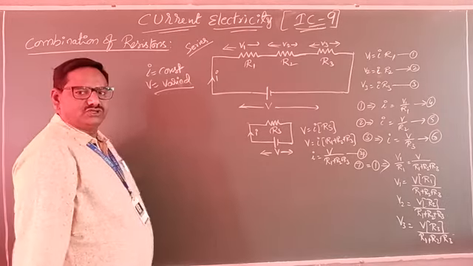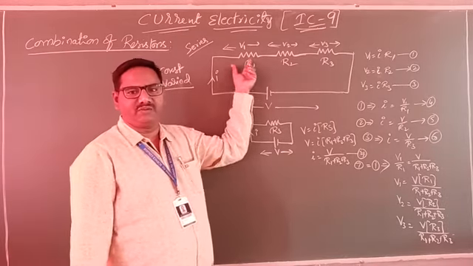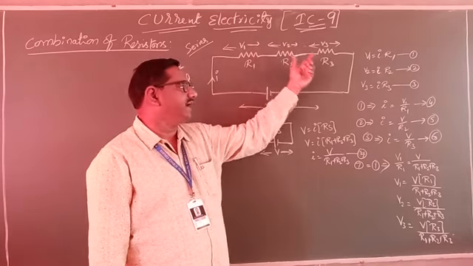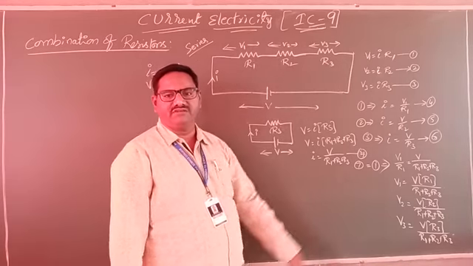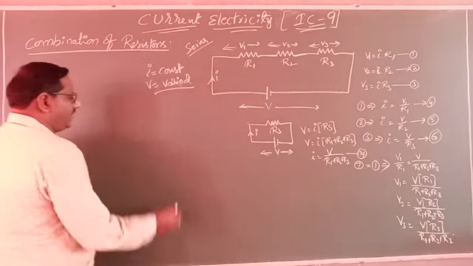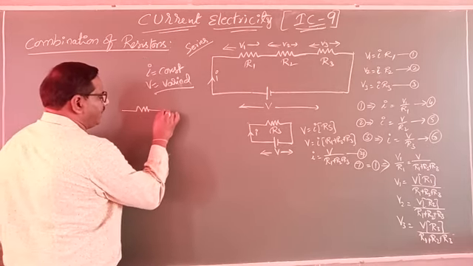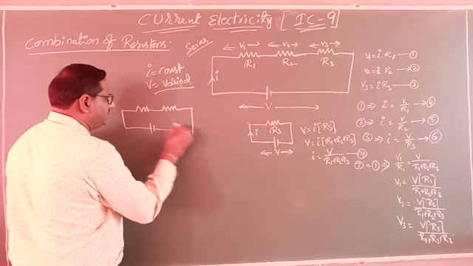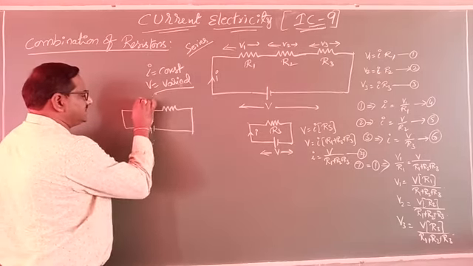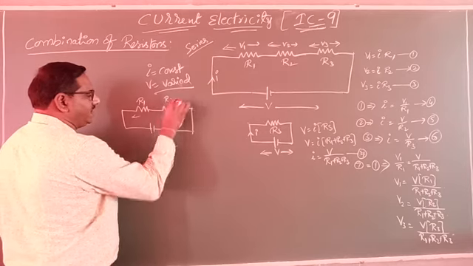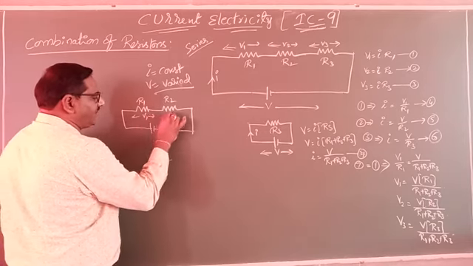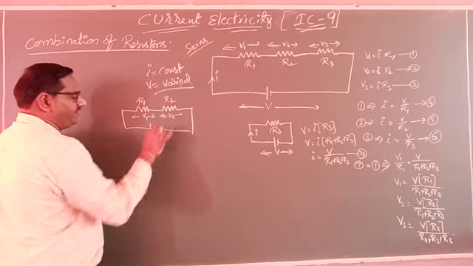So across the first resistor the potential will be V1, across the second resistor the potential will be V2, and across the third resistor the potential will be V3. In the last video we learned that if two resistors are connected in series, here the resistor is R1 and here R2, here the potential is V1 and here the potential is V2.